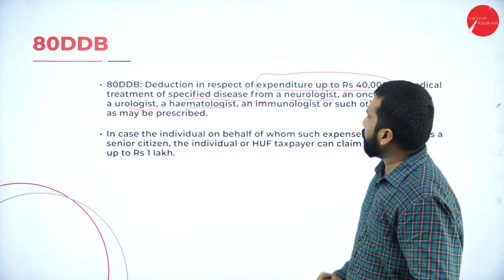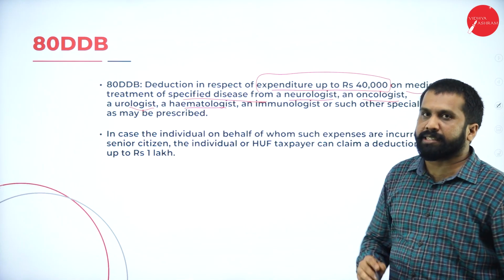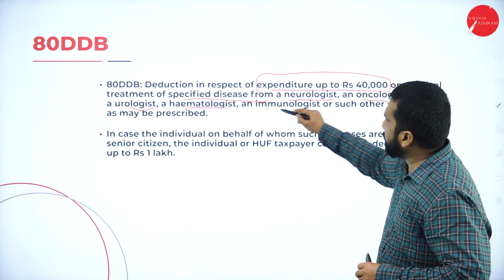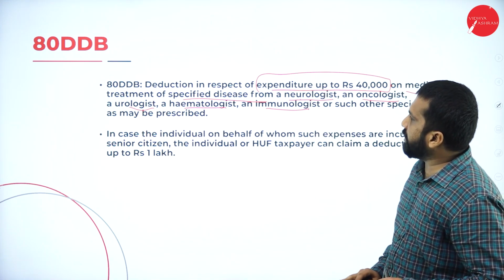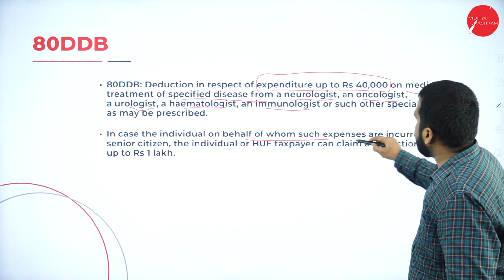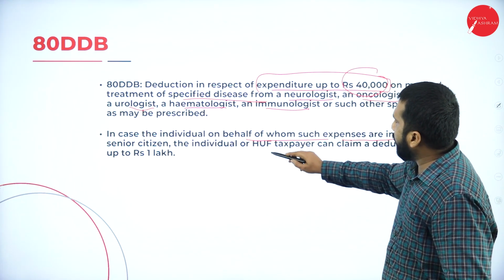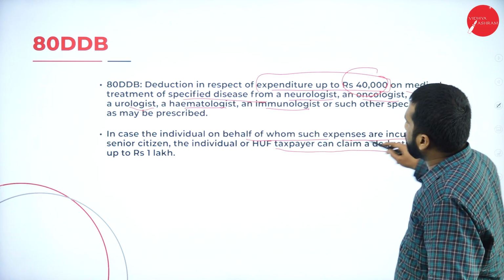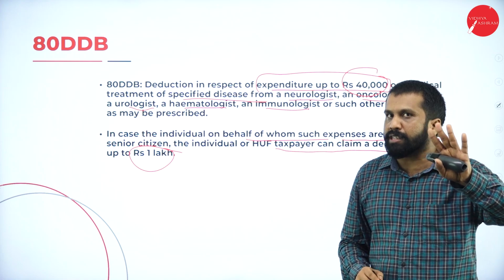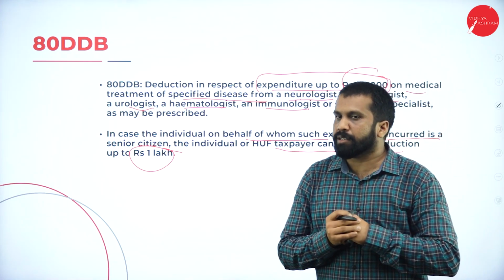In the exam, they will not explain what a neurologist or oncologist is; you only have to mention these things. For an individual on whose behalf such expenses are incurred, the limit is 40,000, and an HUF taxpayer can claim up to 1 lakh. Individual 40,000, HUF 1 lakh. Hope you are clear. Good.